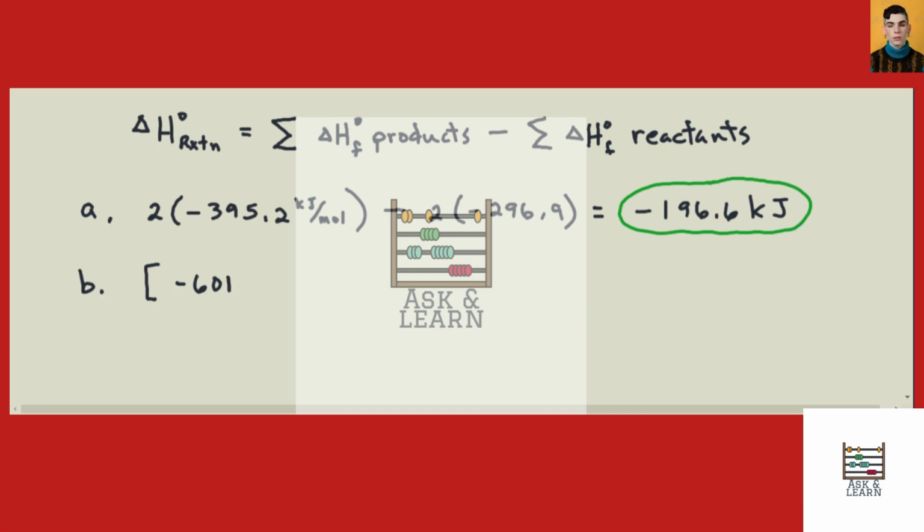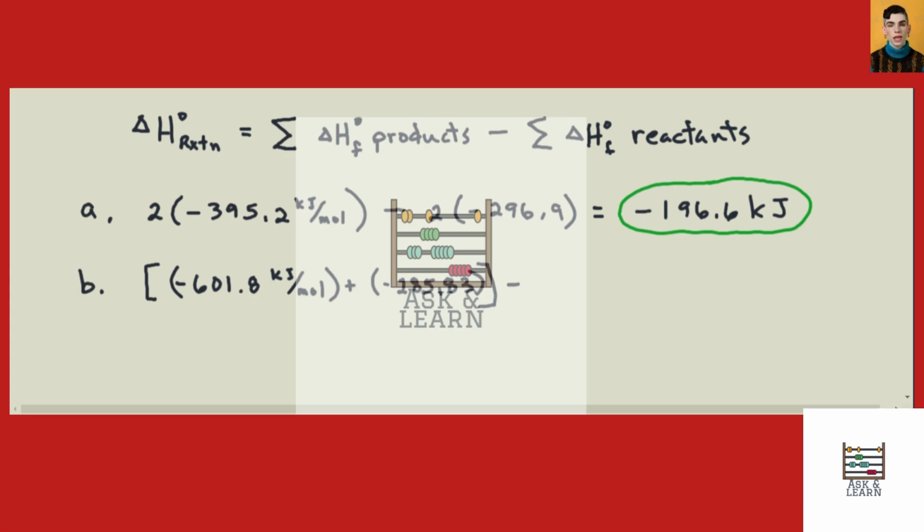For the MgO, it's negative 601.8 kilojoules per mole. And for the liquid H2O, it is negative 285.83. Those are the products. Now we need to subtract the reactants.